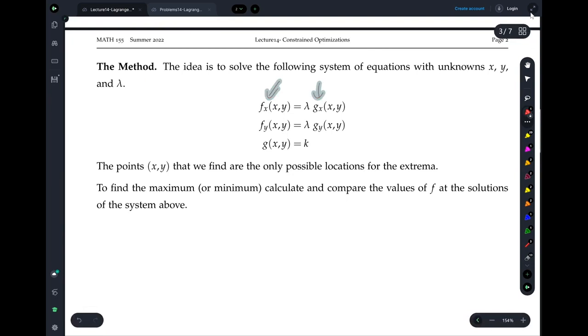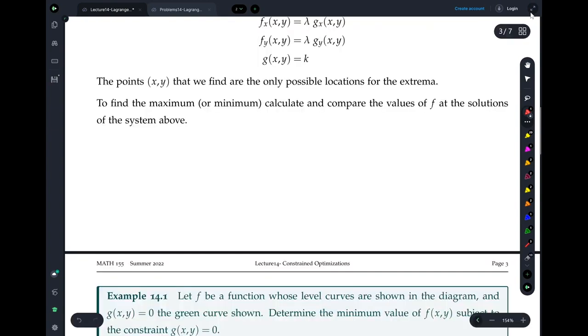Likewise, f sub y, our partial of f with respect to y, is going to be lambda times the partial of g with respect to y. And then we have this third condition here, our constraint condition g is equal to some k. We often would write this as g minus k is equal to 0, okay? So this allows us to find potential locations for our maxima and minima.